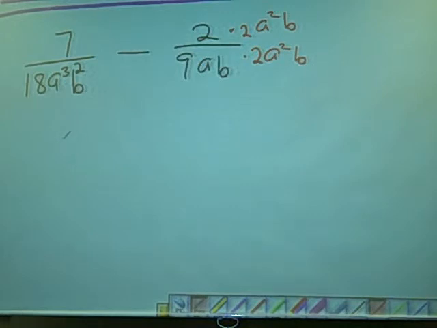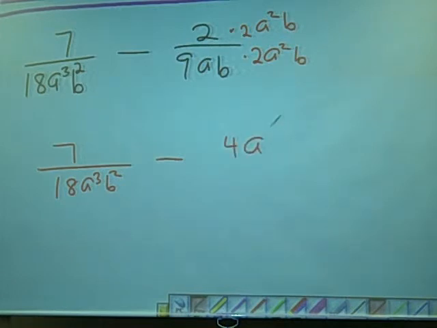So that gives you, we don't have to multiply anything in the left term, right? So that'll be 7 over 18a cubed b squared minus 2 times 2, that'll be 4a squared b over 2 times 9, that's 18a cubed b squared.